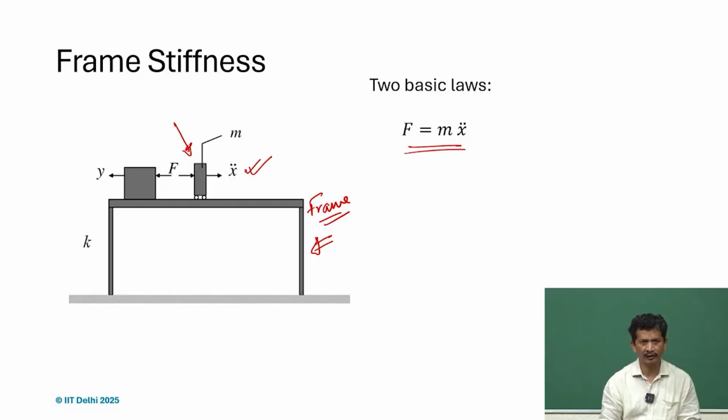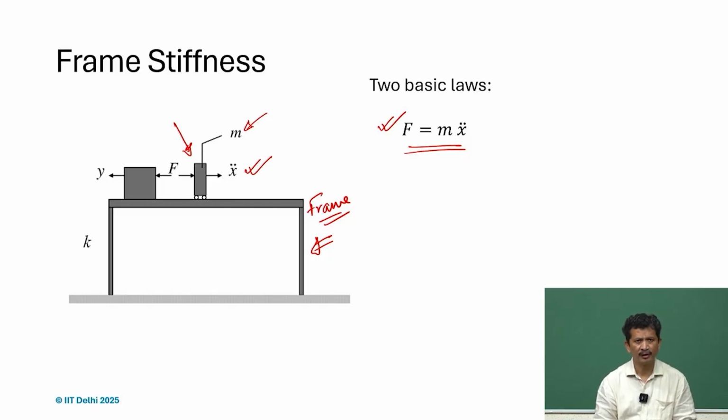If it has to accelerate or decelerate, there will be a huge force provided by the actuator, by the motor. It will act on the moving body M, and then it will accelerate with that x double dot acceleration.